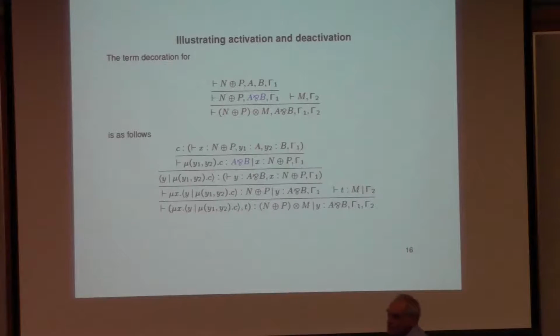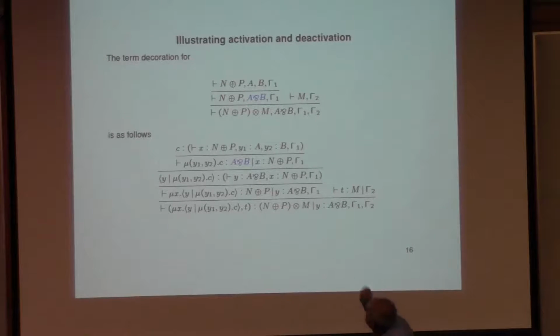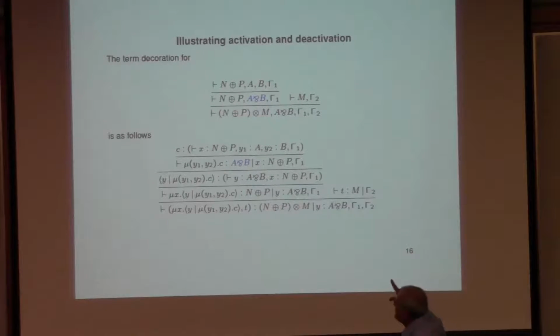And on the right is going to be M. So I need to play this little game of deactivating A par B and activating N plus P. So that's why my picture here is much more verbose than the one up there. Instead of having 3 lines, I have 5 lines. So let's first do the deactivation.